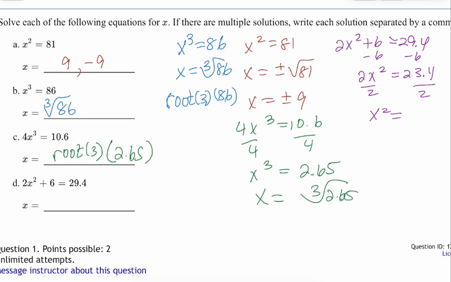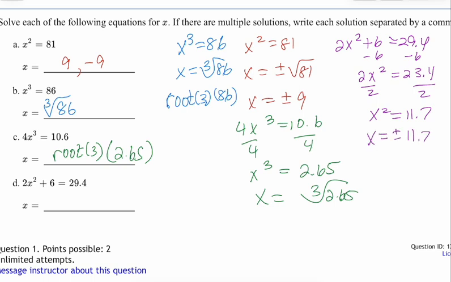My number is 11.7. Your number might be something different. What do we have to put in front of the answer if we take the square root? What do we have to put in front of that symbol? The plus or minus. Now, I don't know if they'll accept the plus or minus symbol.